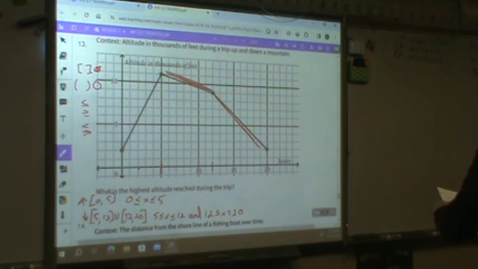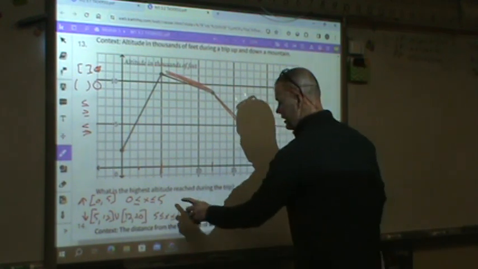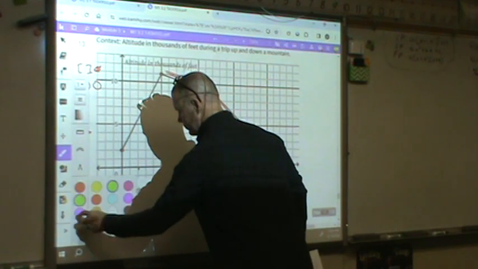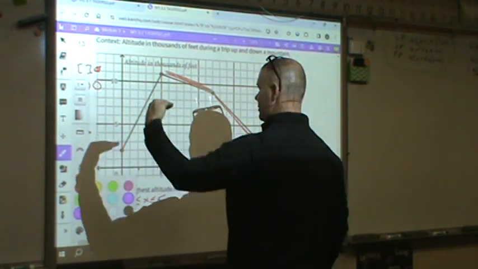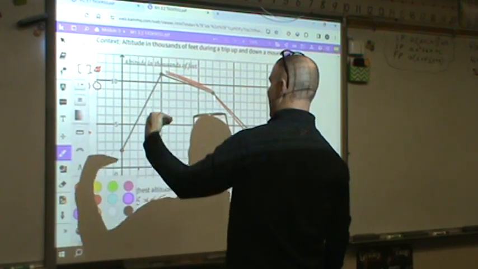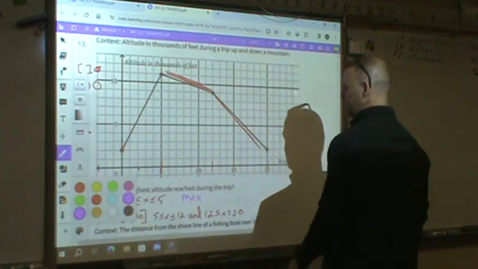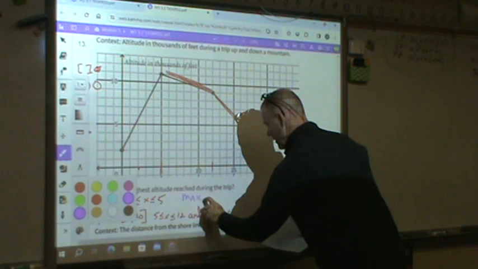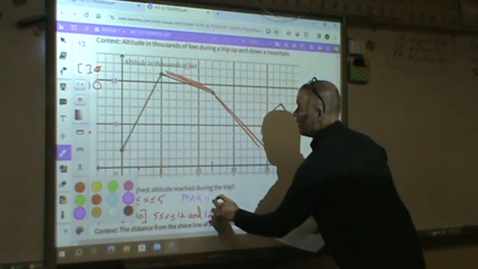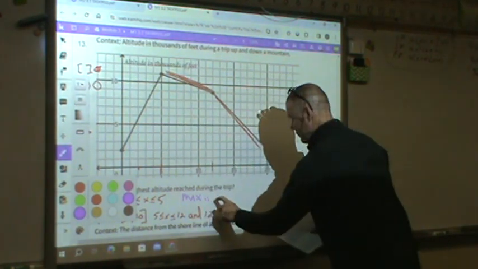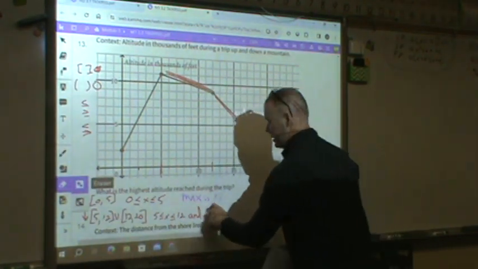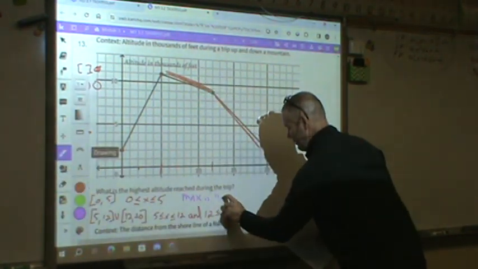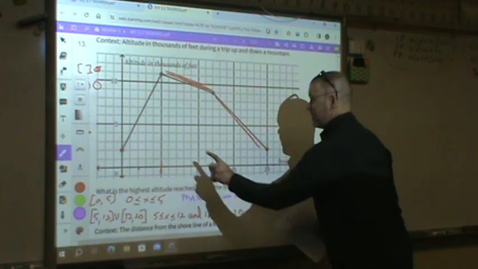Now something else it wants us to talk about is, what is the maximum? It's going to have a maximum, and the maximum would be over here. That would be a y output. What is the maximum altitude? The maximum altitude is 11,000, because it's in thousands of feet. It's 11,000, not 10, I wrote 10 just because I looked at 10. 11,000 at what?